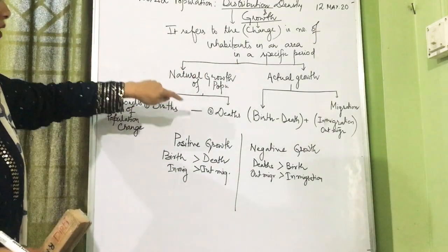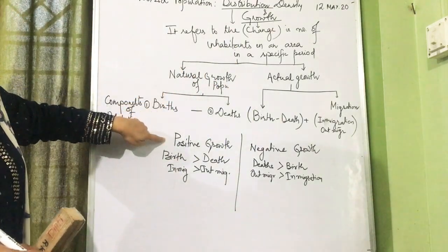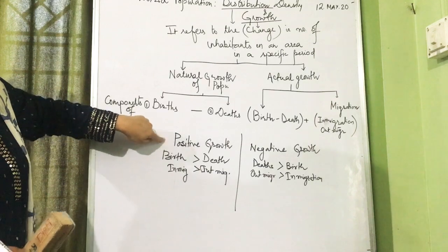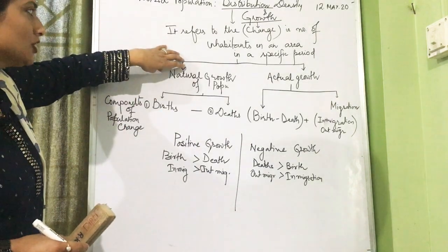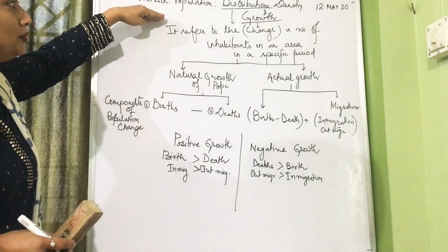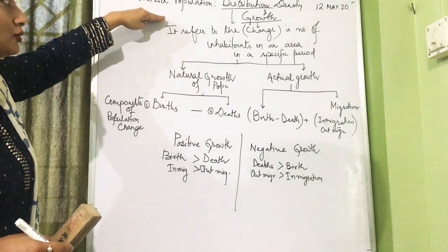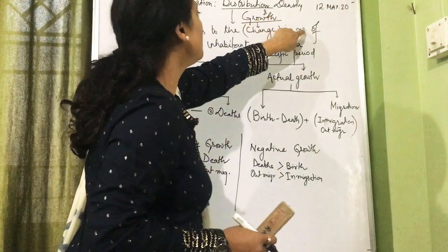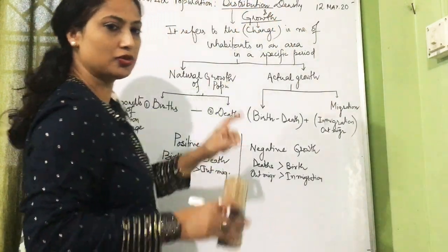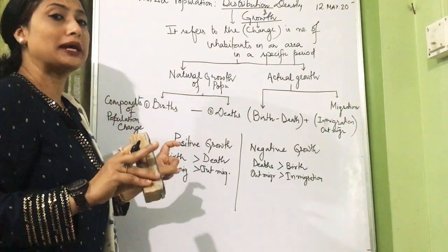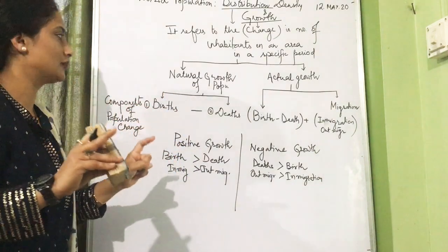So these are the terms which you will get in the book, which you should know when you are discussing population change. The first thing is, what do you mean by population change, or what is population growth? It refers to the change in the number of inhabitants in an area in a specific period, because it will always have two time periods. We will compare it with two time periods.